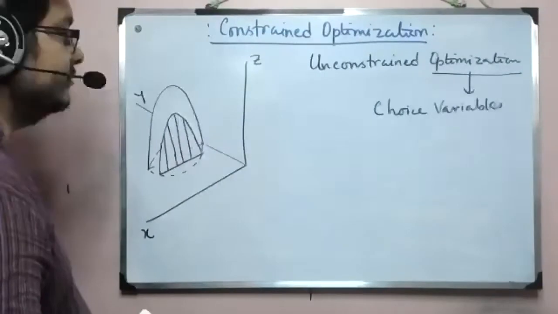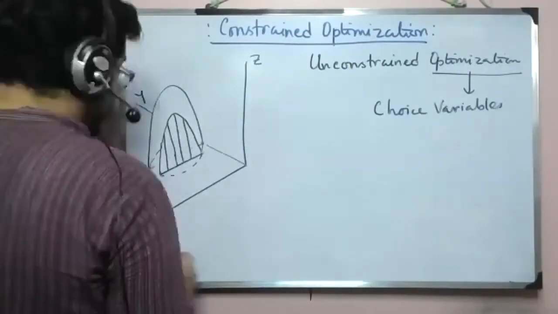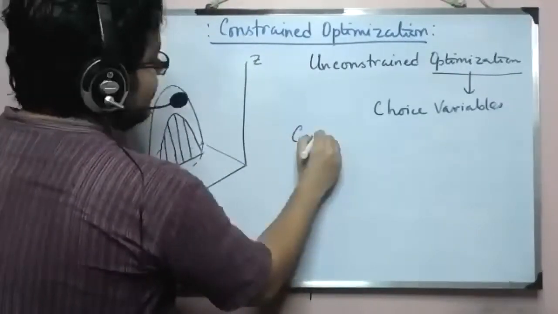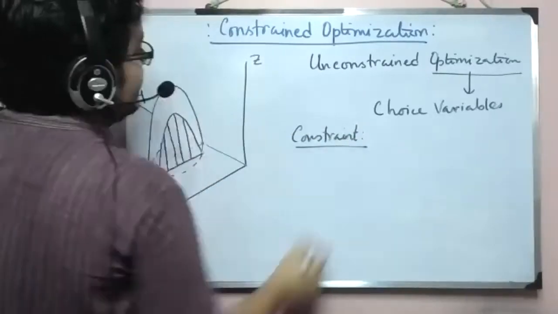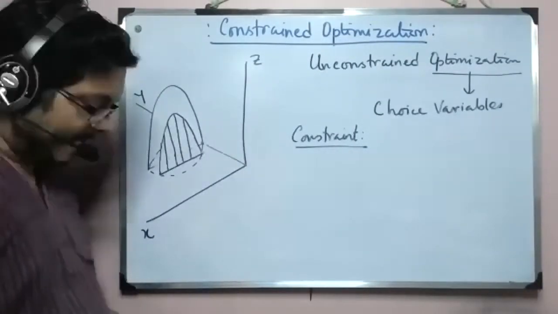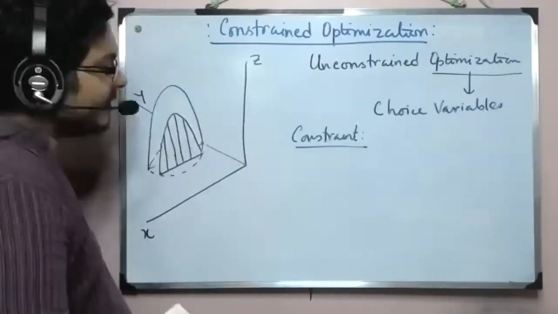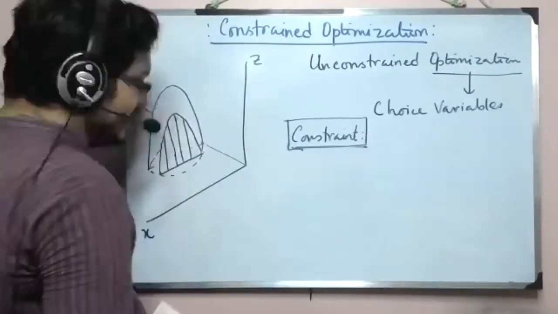Now, what is the difference here? Here we have a constraint. So that's why the name, obviously, constraint optimization. And constraint means basically something which restricts our work. And what is the general form of such constraints?